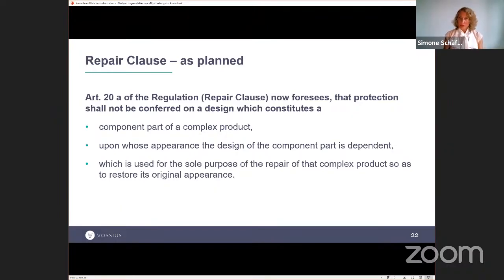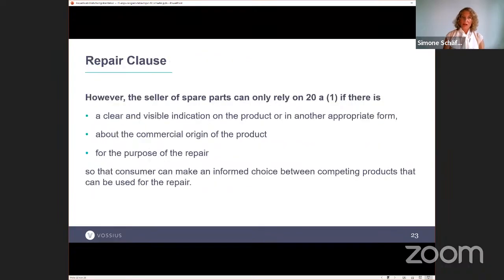And this repair clause, as we call it, foresees that protection cannot be enforced for a design which is, first of all, a component part, which I explained before, and then upon whose appearance the design is dependent, which is, for example, the case for side mirrors or headlights or also wheel rims. But it's relevant that these kinds of parts are for the sole purpose of the repair. And this is all in the new stipulation of 20A.